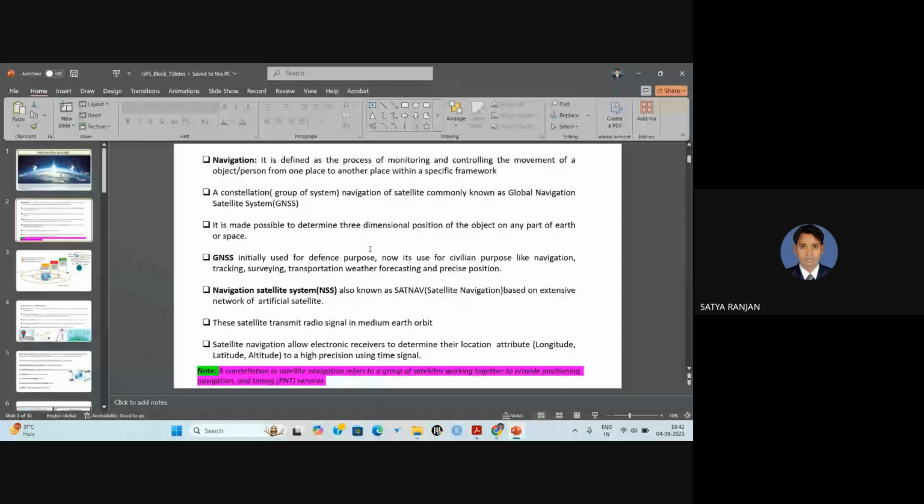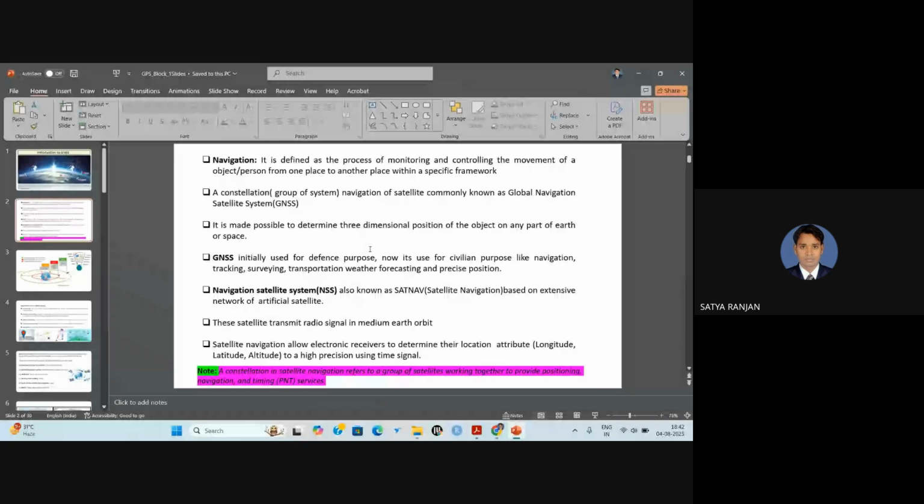Then GNSS means the Global Navigation Satellite System. All the navigation satellite systems like GPS, GLONASS, then BDS, then IRNSS, all are the GNSS system. That is a global navigation satellite system.